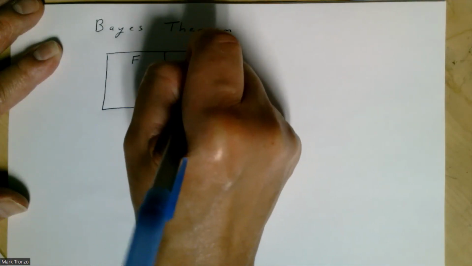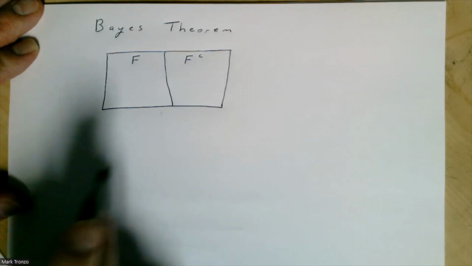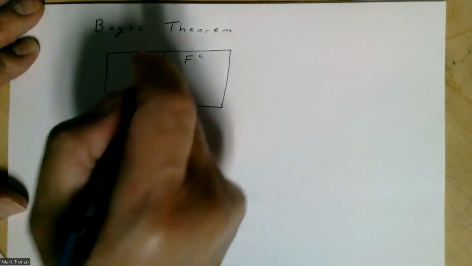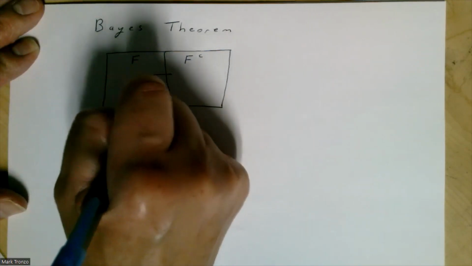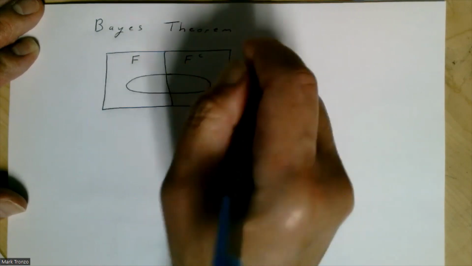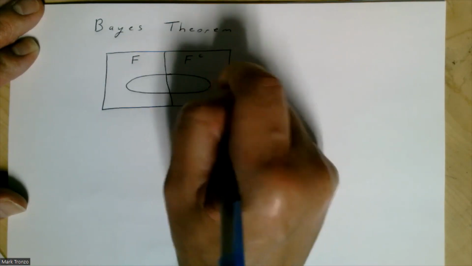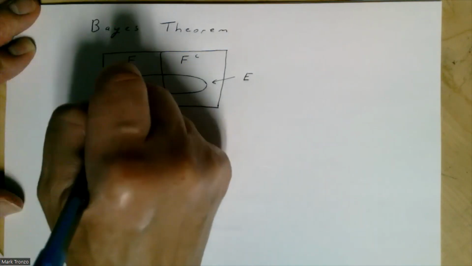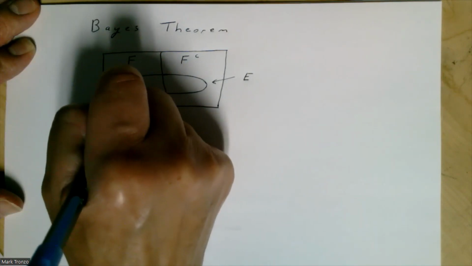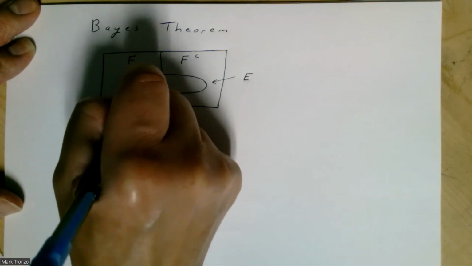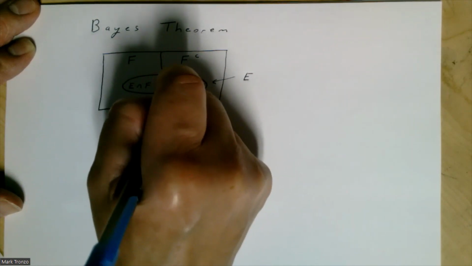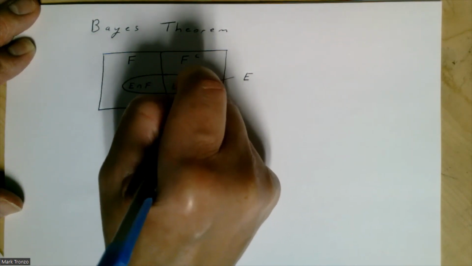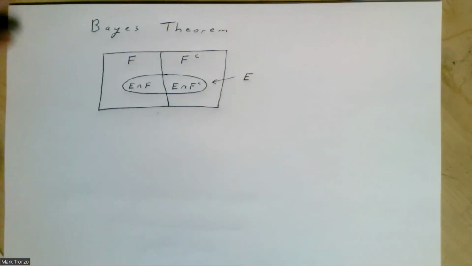So once again, let's say we have this set F and F complement, and we have this set E over here. Then we have E intersect F and E intersect F complement, like this.